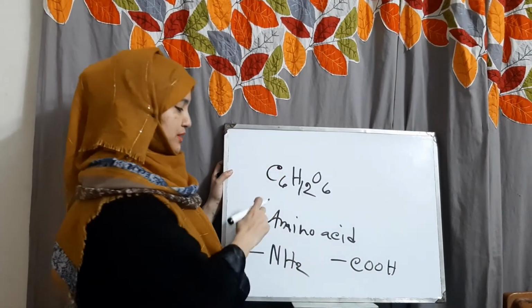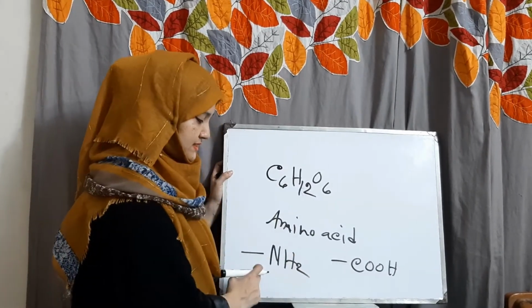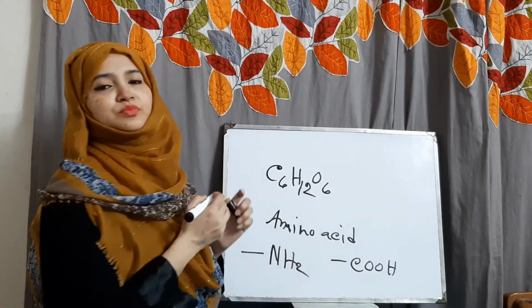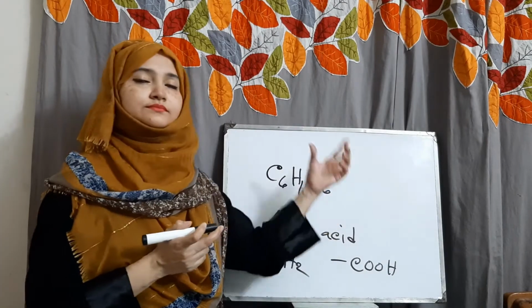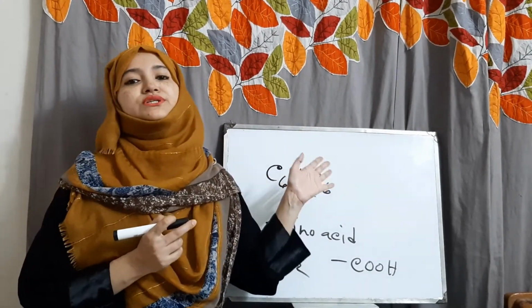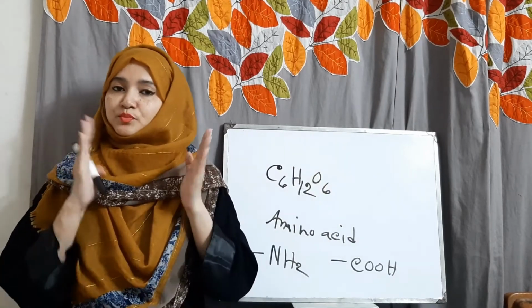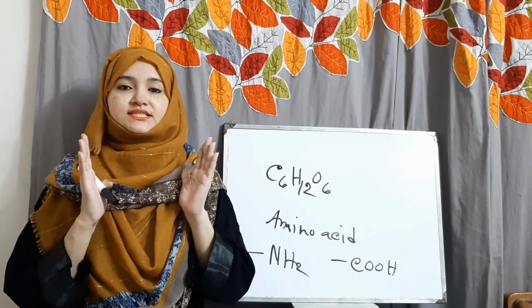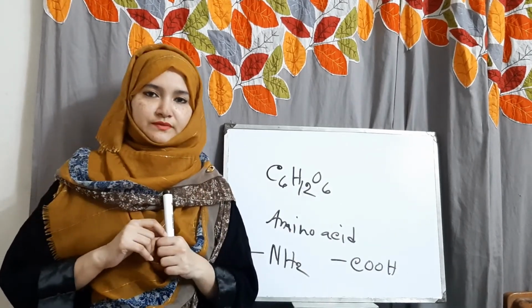That means in amino acid molecules, a carboxylic group is present along with an amino group. This amino acid is the monomer unit of protein. Protein, starch, cellulose, carbohydrate, these are examples of natural polymer.